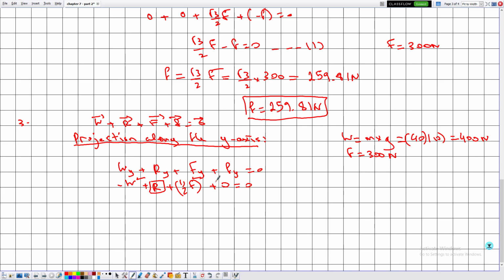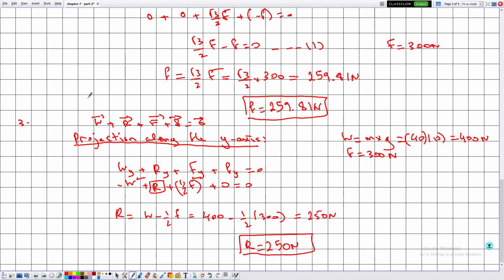This is a linear equation in one unknown. The unknown is capital R. Then R is equal to W minus half F. Now W is 400, minus half multiplied by 300. So 400 minus 150 is equal to 250 newtons. So the magnitude of the normal reaction is 250 newtons.